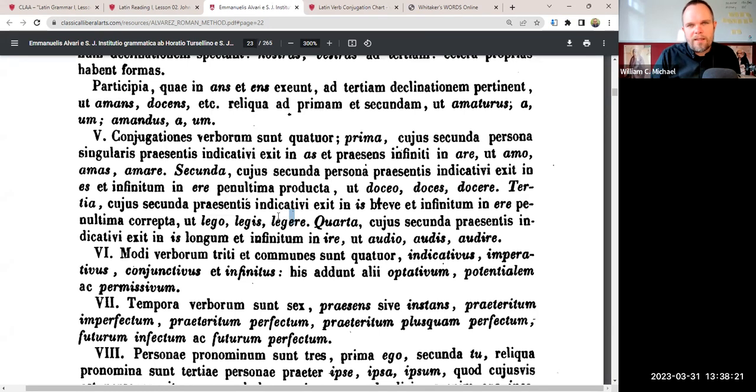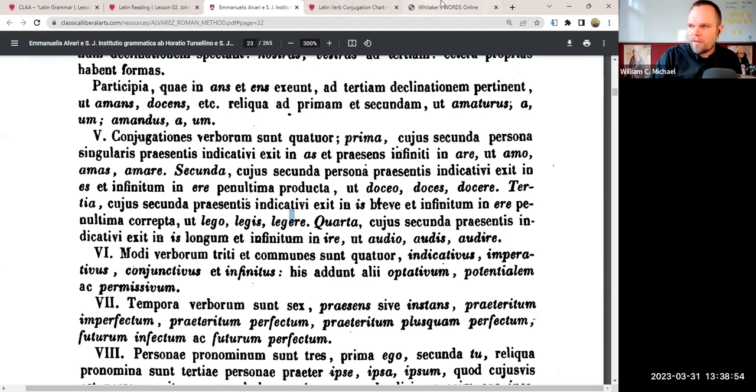So it affects pronunciation. For a Roman speaking Latin, they wouldn't need long signs because they would know what it sounds like. We usually need long signs because we have no idea what it sounds like. But docere is pronounced with an accent on the second to last syllable because it's second conjugation and that e is long. And legere has the accent on the third to last syllable because that e is short. So it's marked by pronunciation.